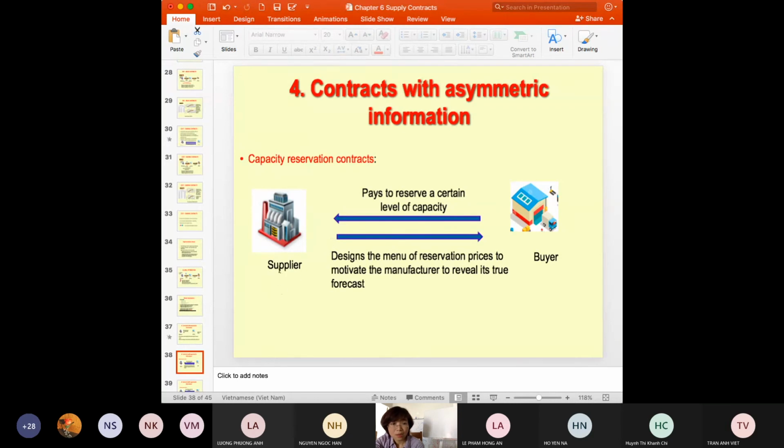In this case, the supplier designs the menu of reservation prices to motivate the manufacturer to reveal its true forecast. And the buyer here pays to reserve a certain level of capacity.